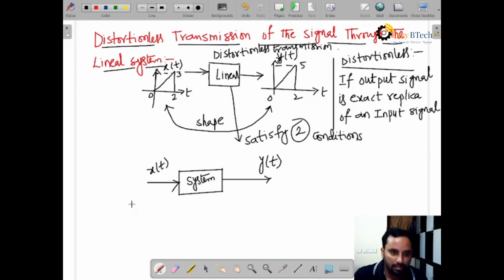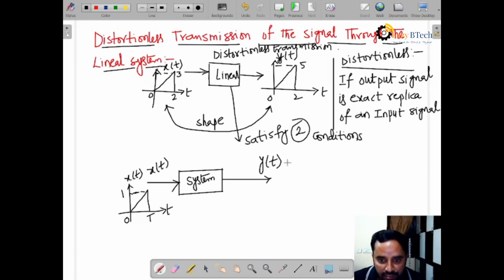Consider the input signal is available from 0 to capital T. The amplitude of the input signal is, for example, 1. This is x of t, the input signal.